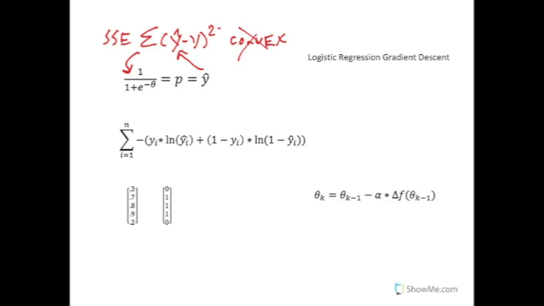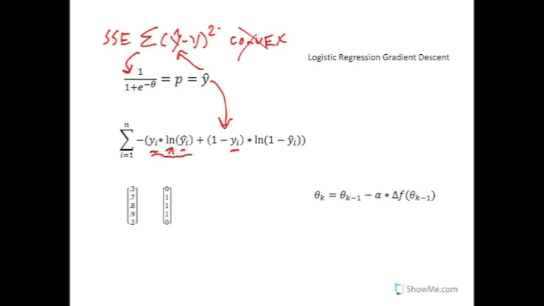So if we want the function to be convex and take advantage of gradient descent, we need to formulate our loss function like this, where you can see that we've got some interesting things. We've got our y hat values, which are calculated per the sigmoid function, and we're taking the natural log of those. We've got these yi values, which are the realizations or the actual data. If the actual observation is 1, then this term will be evaluated.